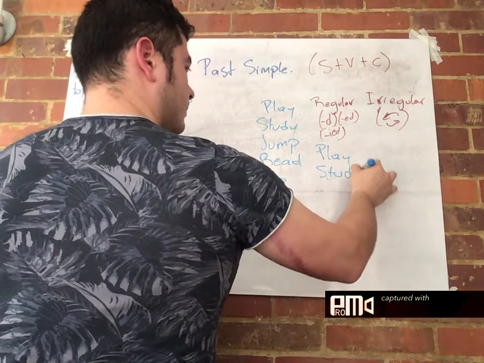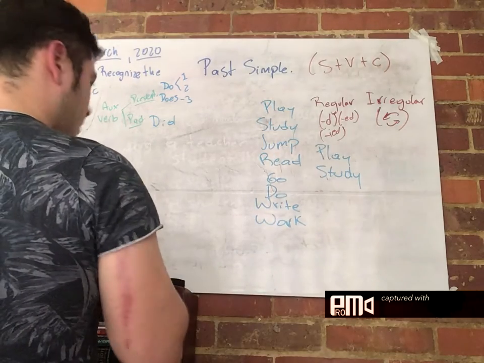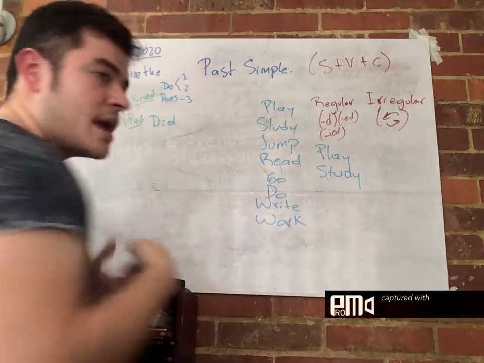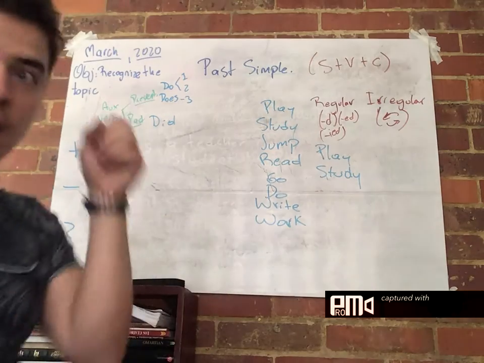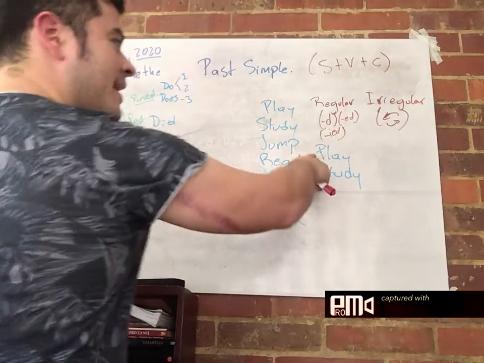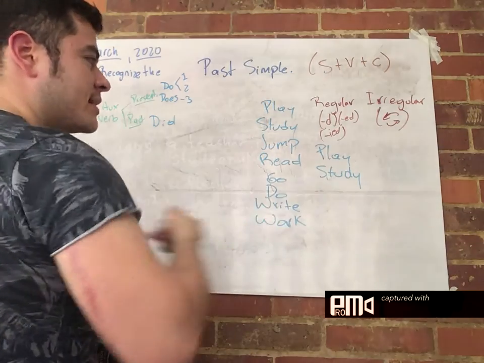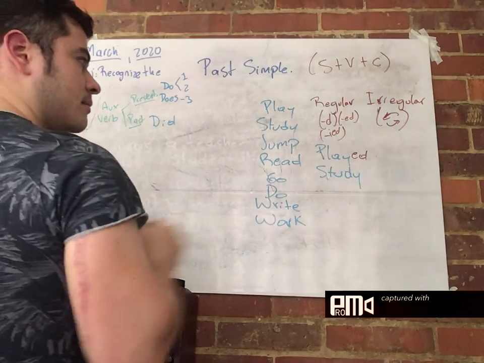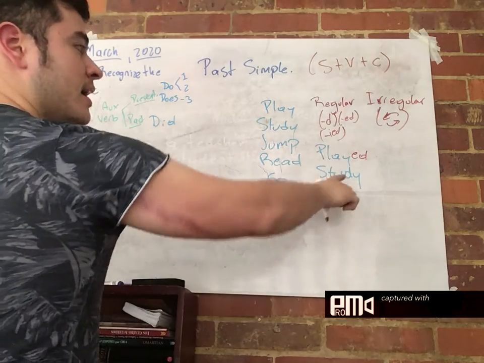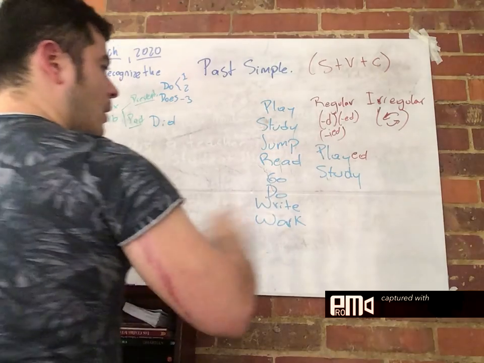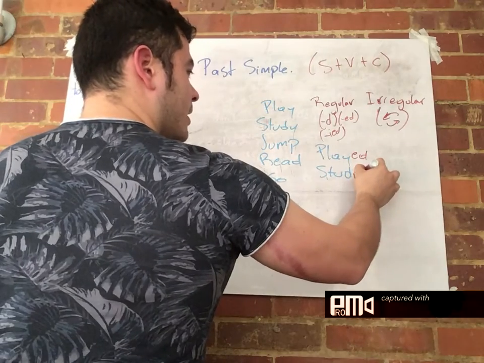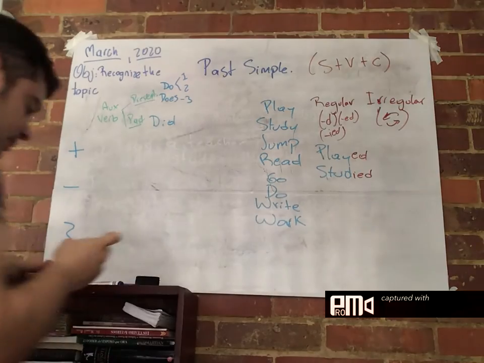If we use this in the past, this is in the present: I play soccer. In the past, played. They both finish in Y. I erase the Y and write ied.